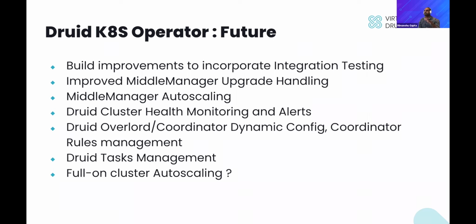But in terms of the capability itself, I think one thing we could do better is managing MiddleManager upgrades, especially when you have real-time ingestion. MiddleManagers have an enable/disable API where you can disable a MiddleManager, let it drain all the tasks, and then kill it, rather than just saying upgrade all MiddleManagers one by one.